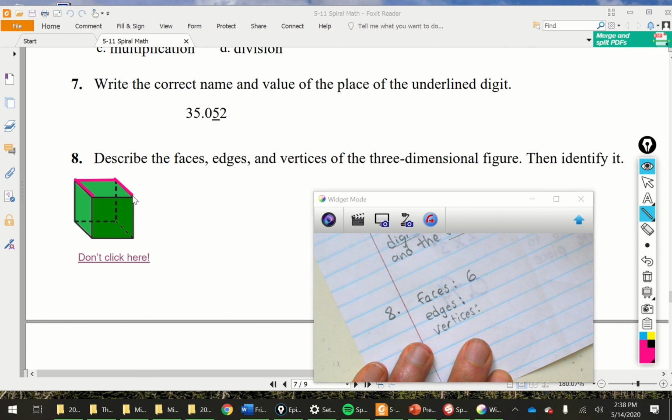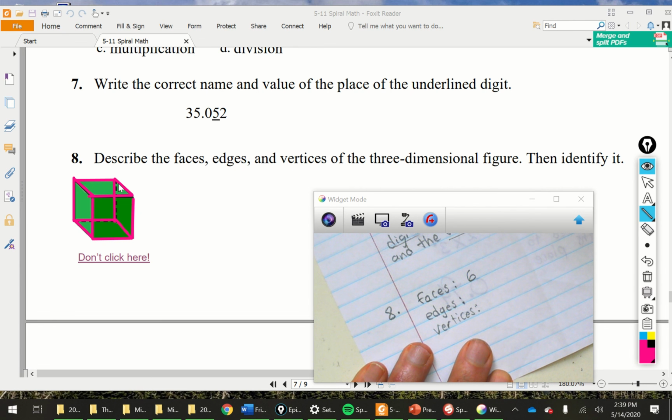And here's where two faces meet here, so that's another one. In the back, that dotted line shows the side and the back are meeting. Here's a bottom and the back. Here's another edge, and another, and another, and another one. Here's another one, and here's another edge.